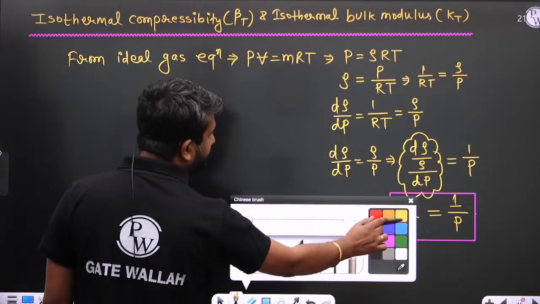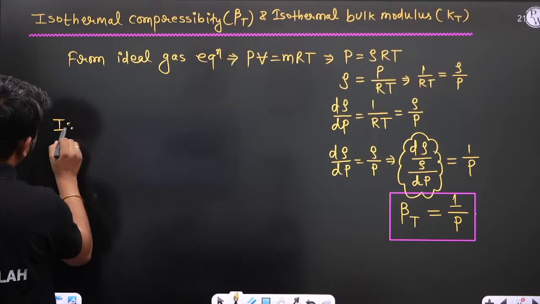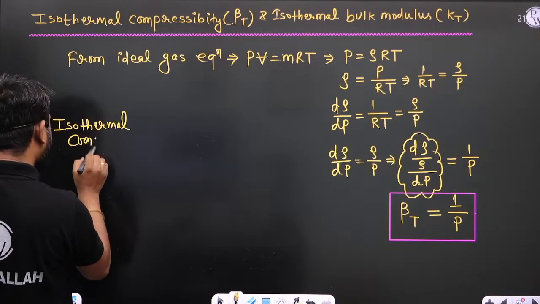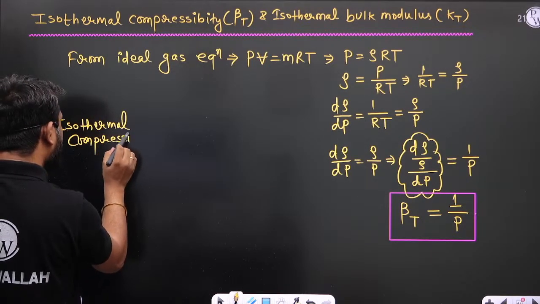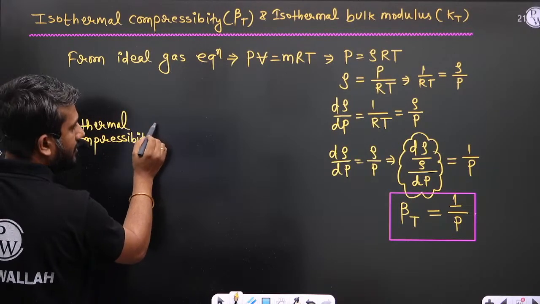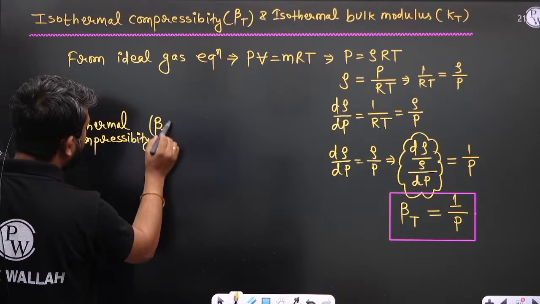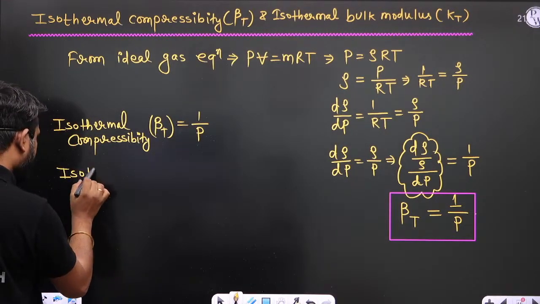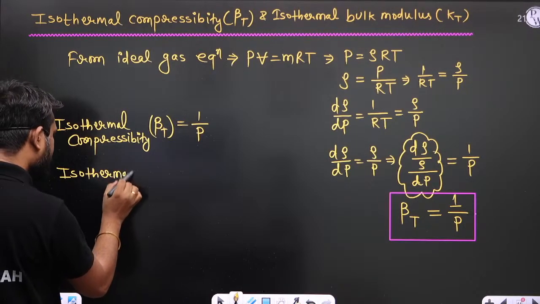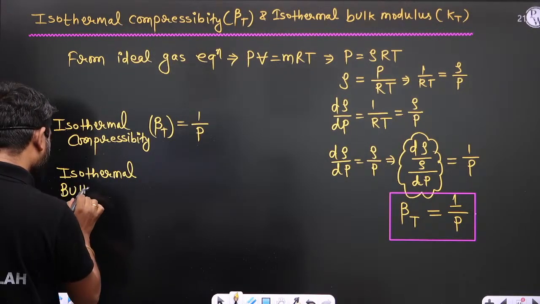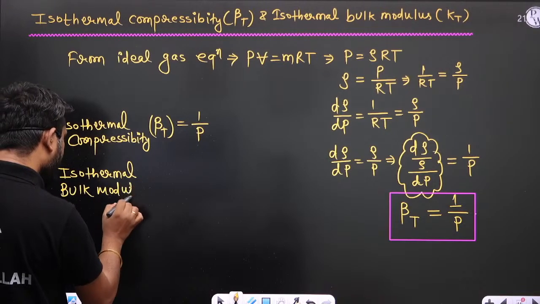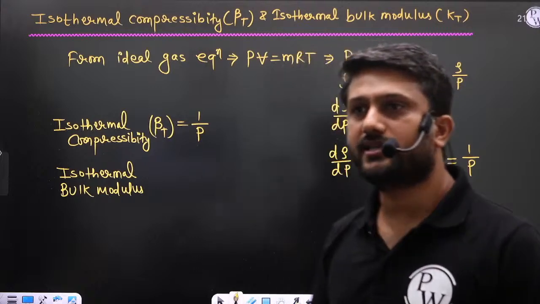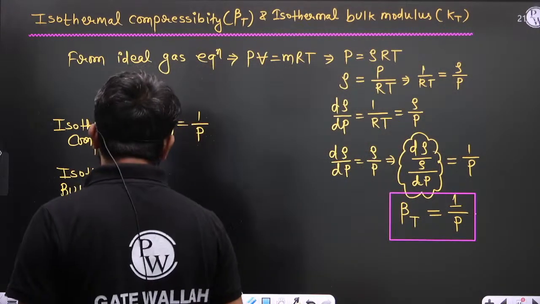And we know that the isothermal compressibility beta T is equal to 1 by P. So tell me, what is the isothermal bulk modulus? We know that bulk modulus is the reciprocal of the compressibility.